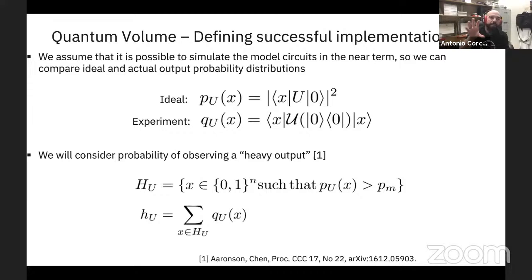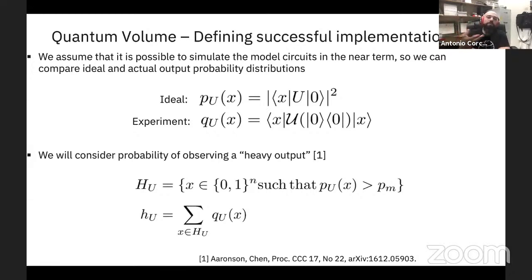We extract the ideal outcome of that circuit, and we can do that with our laptop or whatever, and then we take all the probabilities for each bit string, order them in increasing probability, and take the median, and everything above the median we label as heavy output. So whenever we sample one of these circuits and get a bit string that belongs to the heavy output, we make a tick and say a heavy output was sampled.